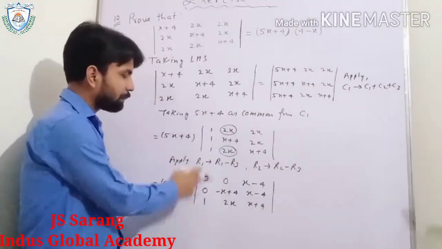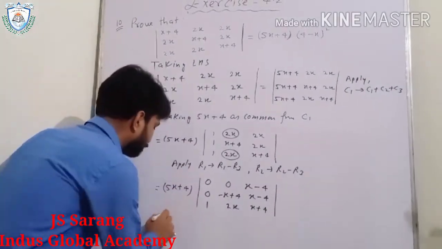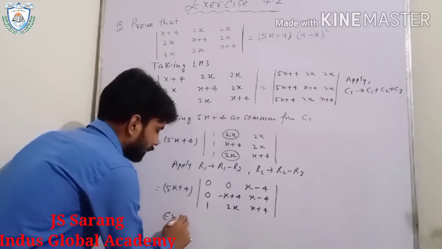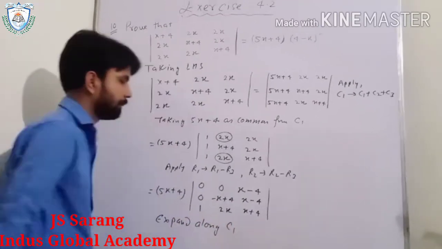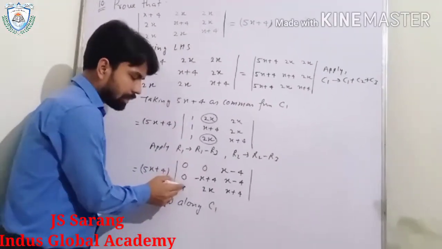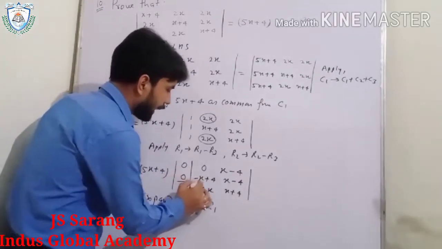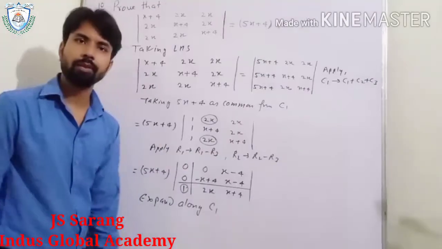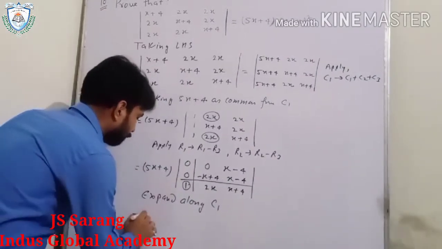So we will expand along C1. In C1, what is the non-zero element? That is 1. So we will hide the first column and third row. Clear? So what will be left? 5x plus 4.